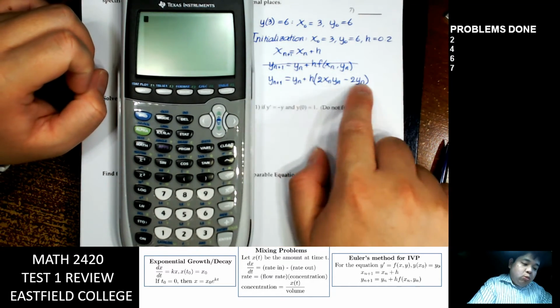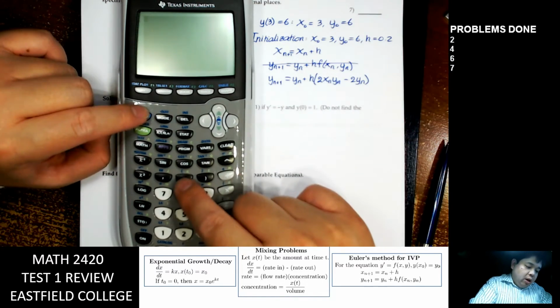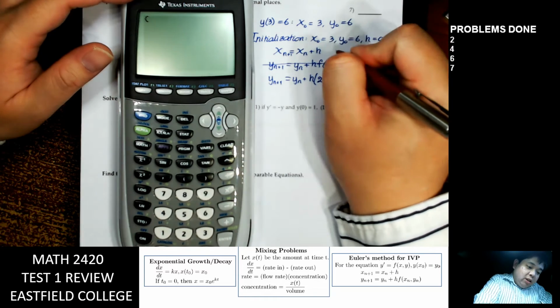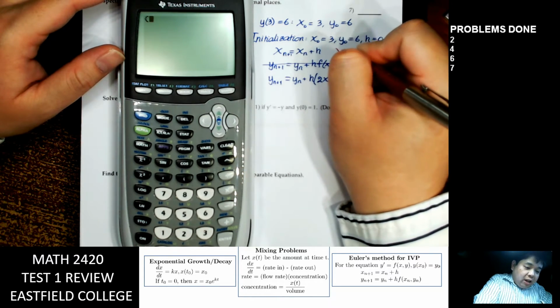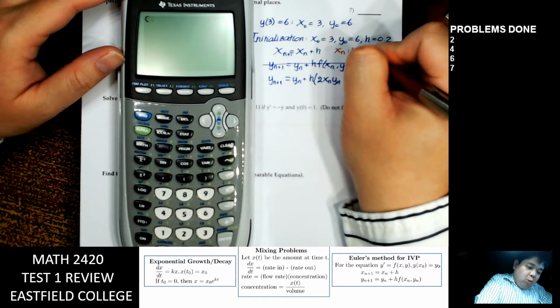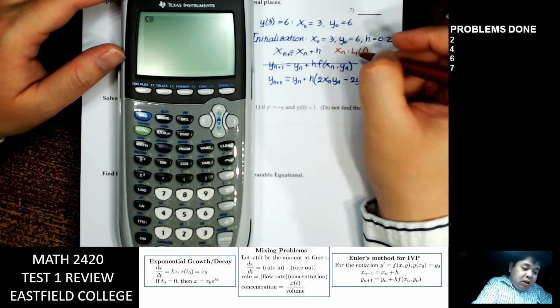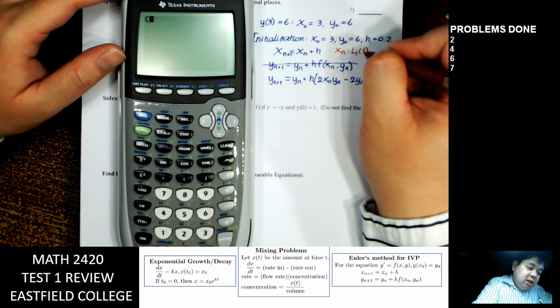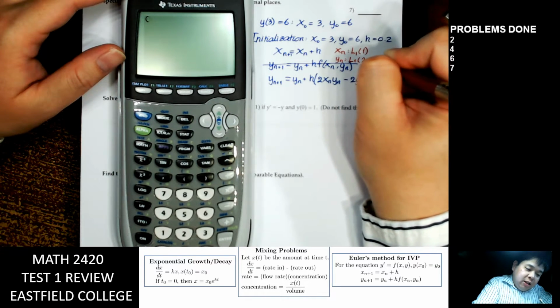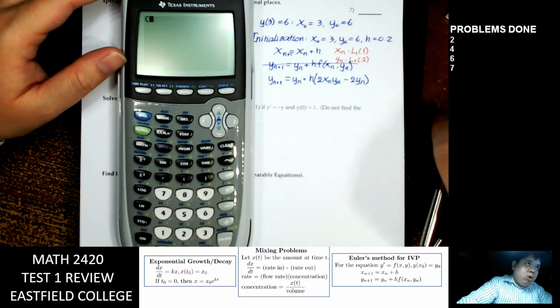Next we're going to do these two things. So first, notice that in this problem, if we use the calculator, every time we see xn, it is going to be L1 of 1, which means the first component of the list, and yn is the second component of the list. So every time we see xn, that's what we enter.